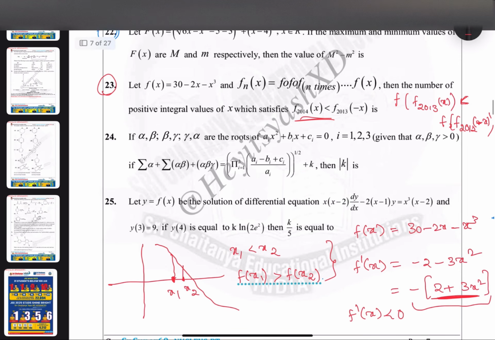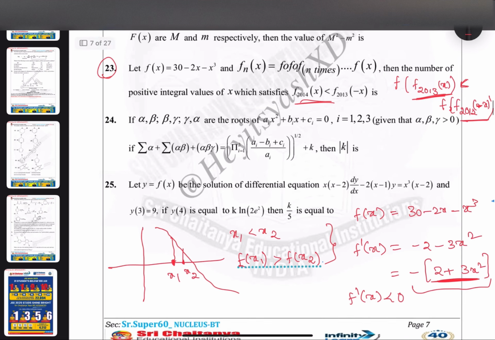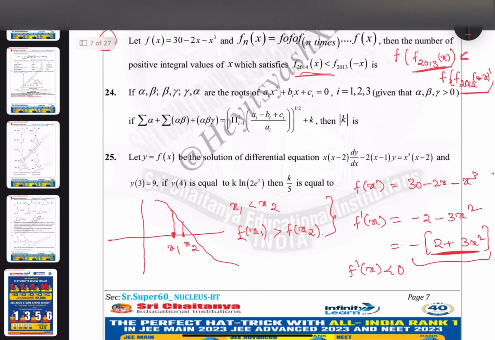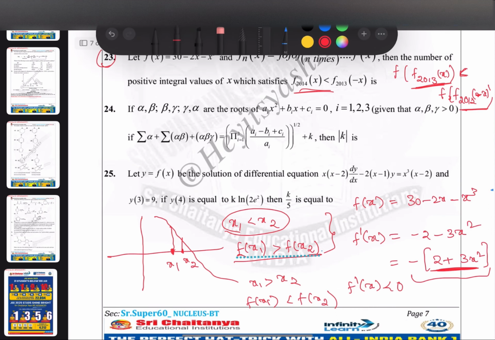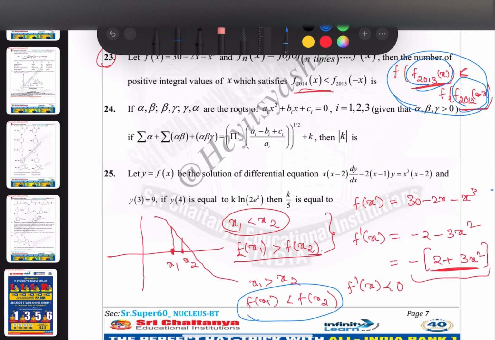So if you consider this as x1 and this as x2, the reverse is also true: if x1 less than x2, this holds. If x1 greater than x2, we can write f of x1 less than f of x2. So we have something similar here. So f of x1 less than f of x2, but your x1 is this thing, x2 is this thing.